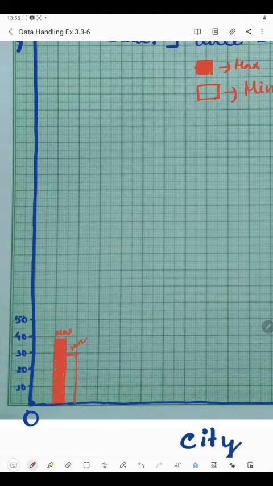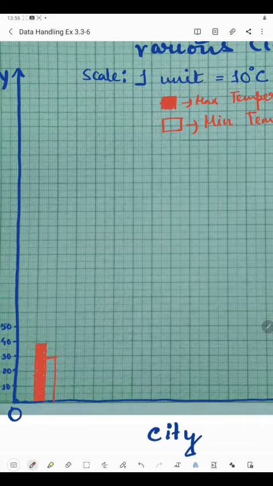So we will mention the city, which is Ahmedabad. Up to this showing maximum and up to this is showing minimum. 1 unit you will have to make it half to represent maximum and minimum temperature of Ahmedabad.